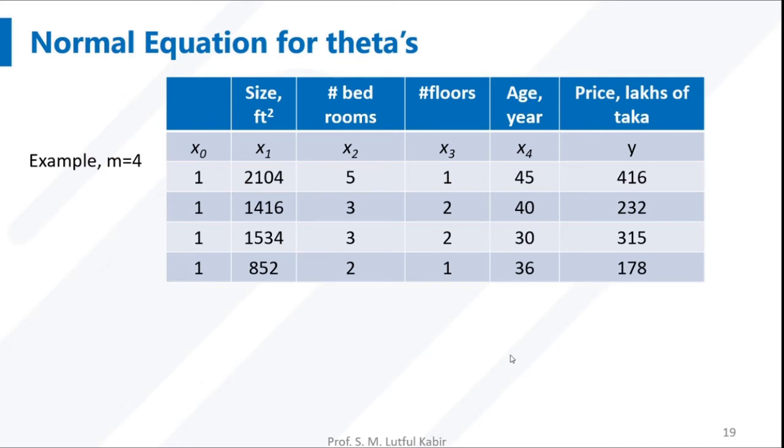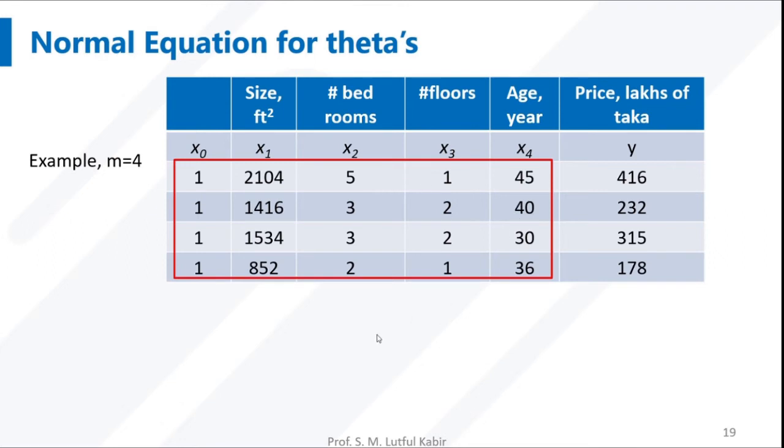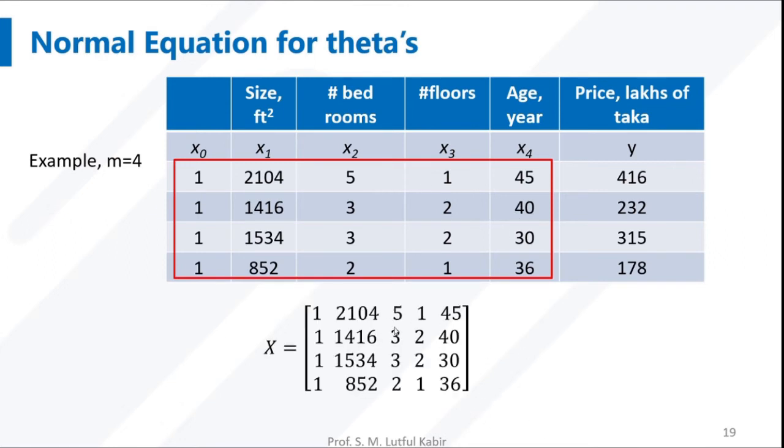If we form a matrix with this data, that means x0, x1, x2, x3, and x4, the matrix will look like this. The matrix will be m by n, where m is 4 and n is the number of columns, which is 5, including x0. So this is how X has to be defined.